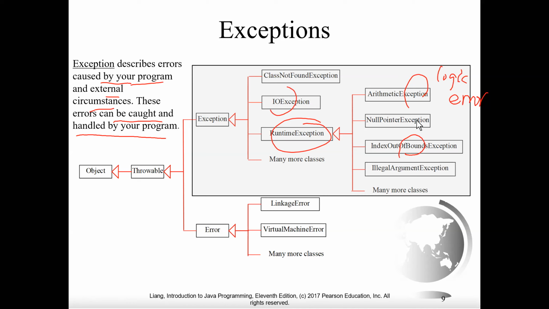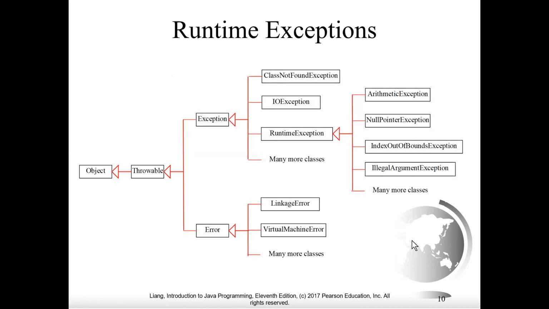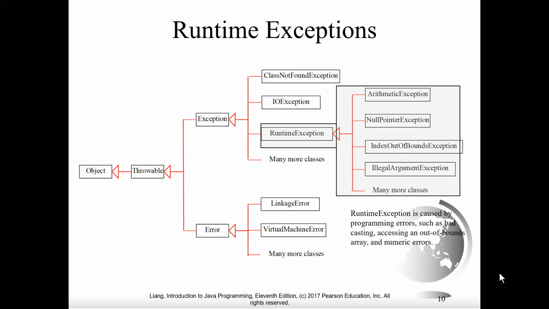But for IOException, it's a different story. We also saw the example: when you write your code, you need to handle it, because if you don't handle it, your program cannot even be compiled. So that's the two general categories.